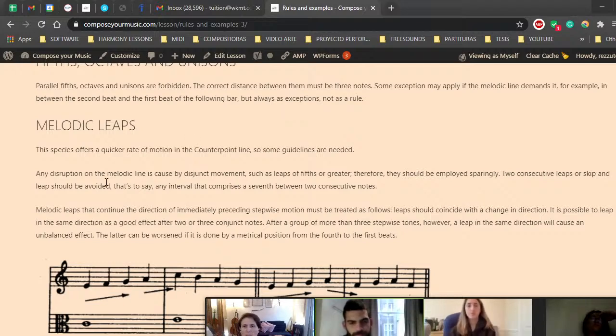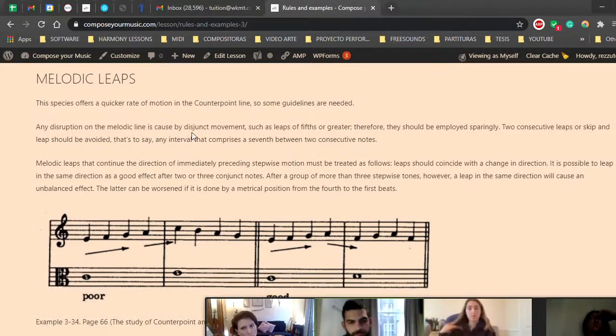Melodic leaps. This species offers a quicker rate of motion in the counterpoint line, so some guidelines are needed. Any disruption on the melodic line is caused by disjunct movements, such as leaps of fifths or greater. Greater intervals, sixths and sevenths, should be employed sparingly. Please, this is very important.